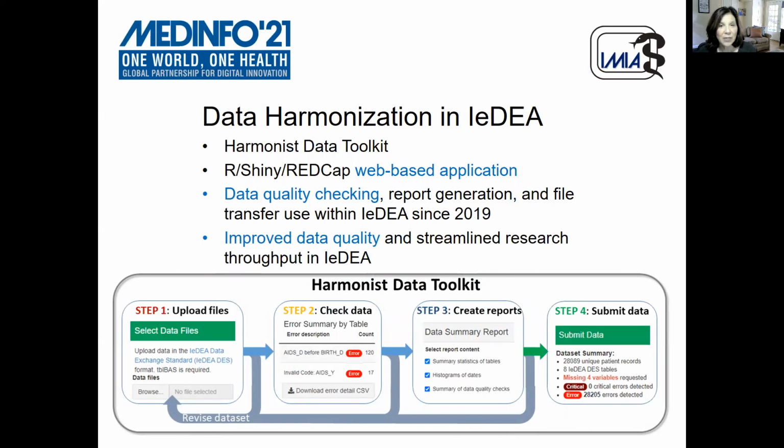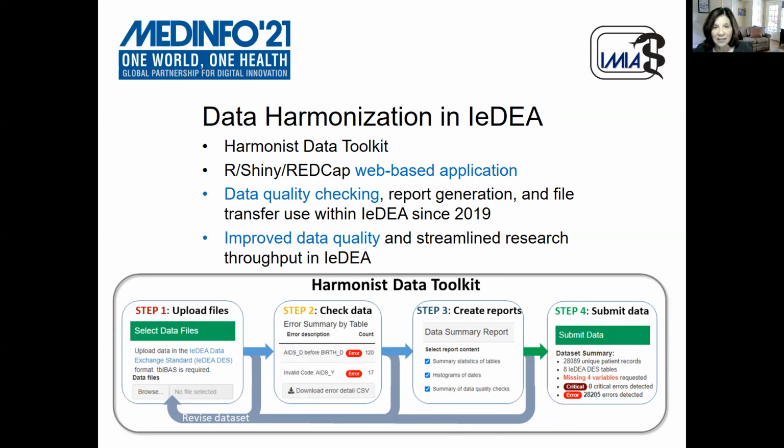The Harmonist Data Toolkit is a web-based application developed using R and the R Shiny package and makes use of REDCap. REDCap is the publicly available electronic data capture platform. And for the toolkit, REDCap stores the research project information and common data model details, and those can be retrieved from REDCap into the application.